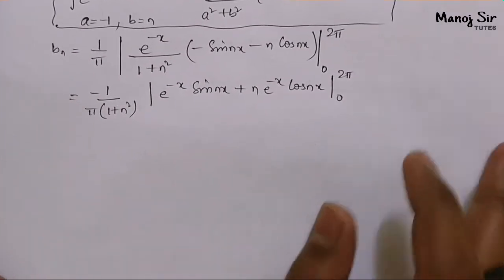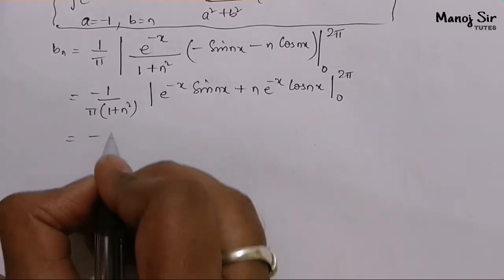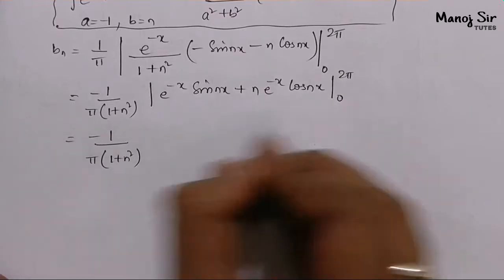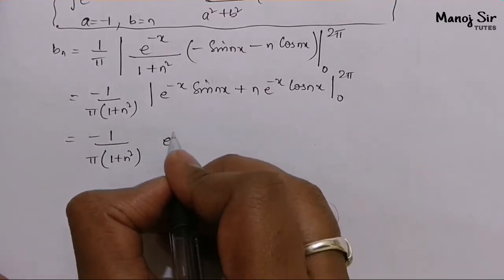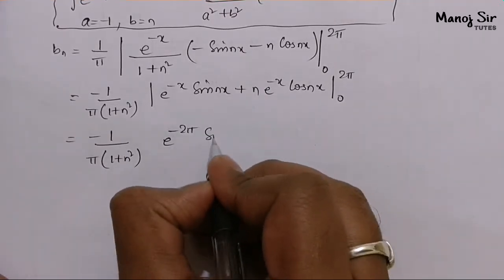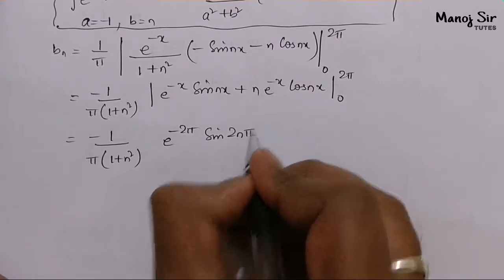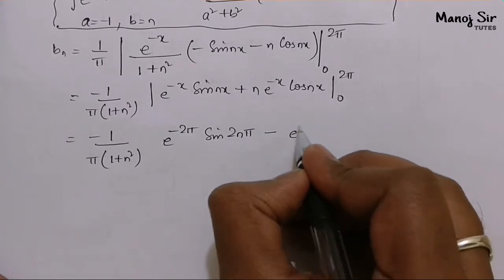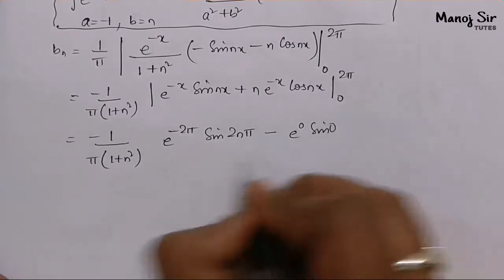In this step we are going to put this limit, that is minus 1 upon pi times 1 plus n square. Put upper limit, you will get e to the power minus 2 pi sine 2n pi. Put lower limit, minus e to the power 0 sine 0.